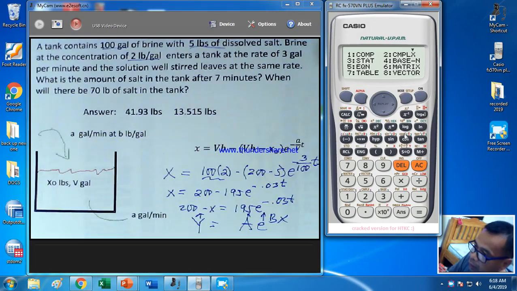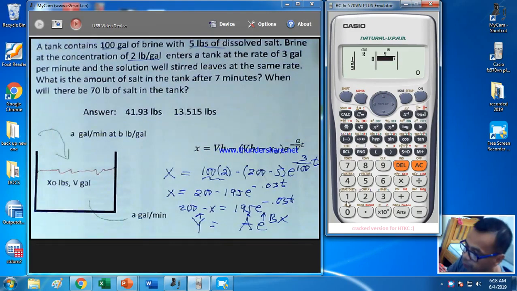Now go to the calculator and enter mode 3 5. When x is 0, just input this value there, which is 195, and then you need to get another point.